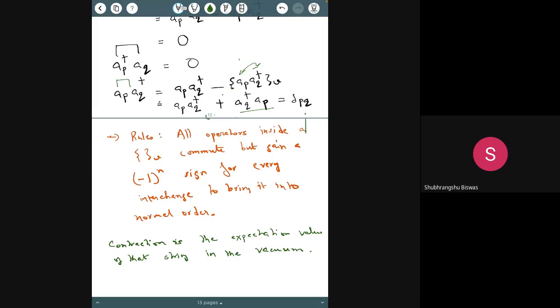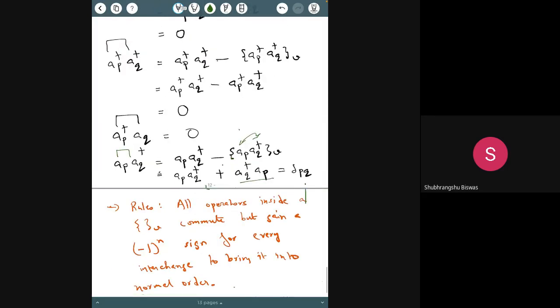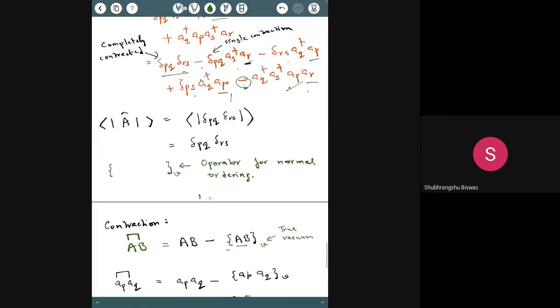Oh, sorry, there will be a minus sign discrepancy. Yeah, so this minus sign discrepancy is sorted by this rule. I was just wondering why this additional rule looks a bit arbitrary, right? But then I figured out that this is what makes sense.